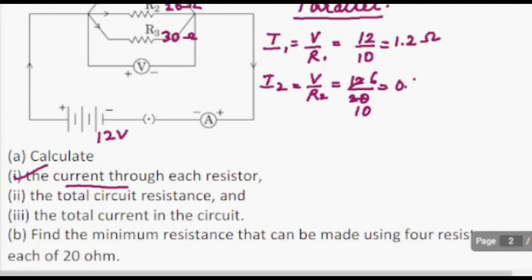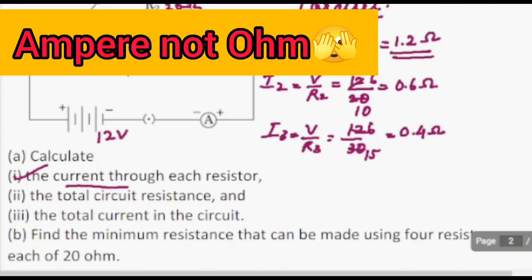So it will be 0.6 ampere. I3 is equal to V by R3, 12 by 30, that is 6 by 15, 0.4 ampere. Okay, so for each resistor we found I1, I2 and I3.